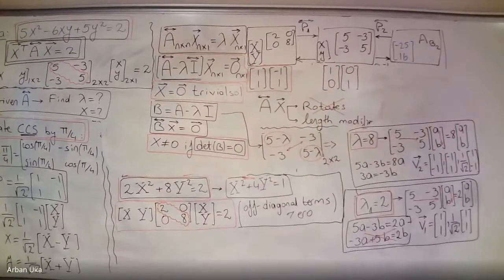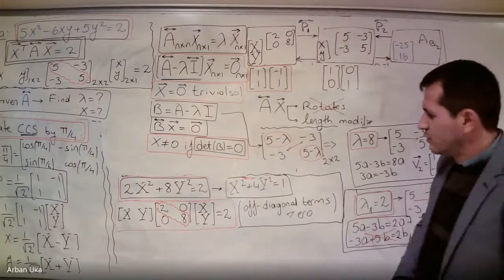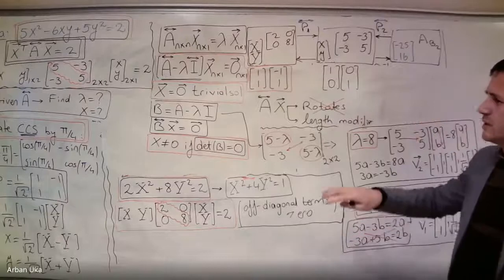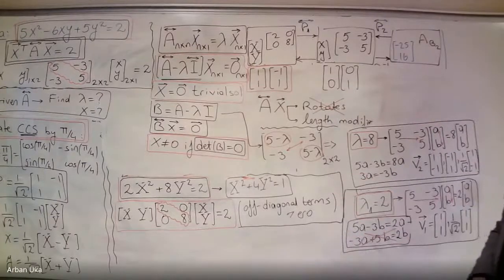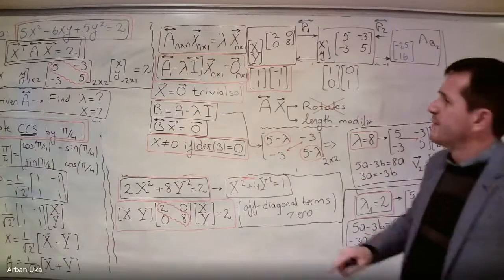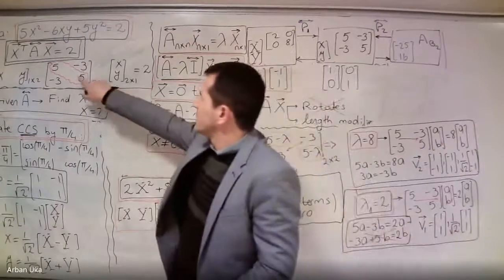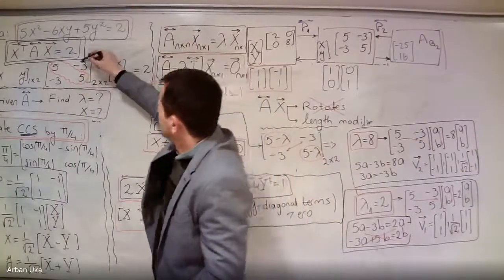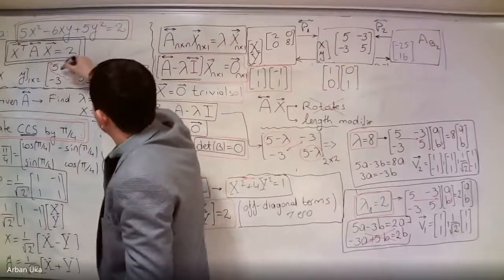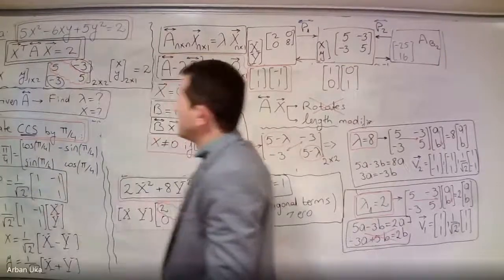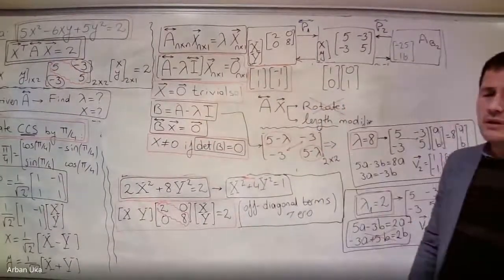And another term that we can use here, which is equivalent to a lot of statements on the board, is the following: for this matrix, which has the off-diagonal terms different from 0, which are the -3 and -3, these are called the coupling terms.